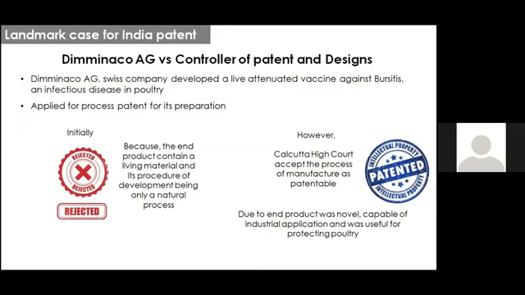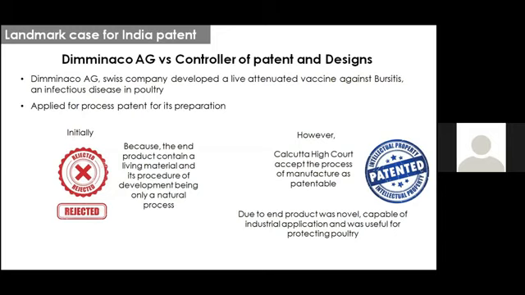So considering these two important aspects, that the end product is a living material, and it is produced with the same natural process, the claim was rejected. However, the company went to the Calcutta High Court, and there they went into the legal fight, which is called Dimminaco versus Controller of Patents and Designs.